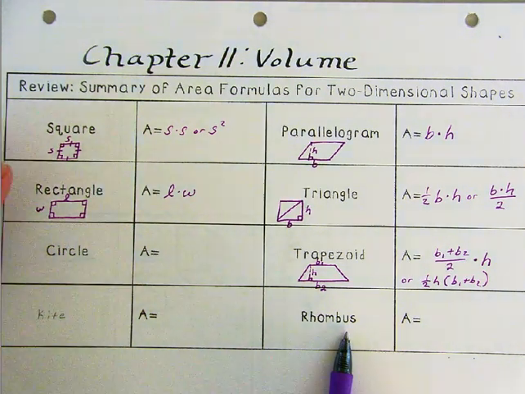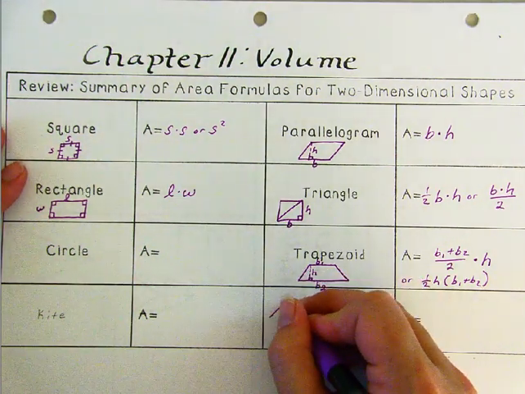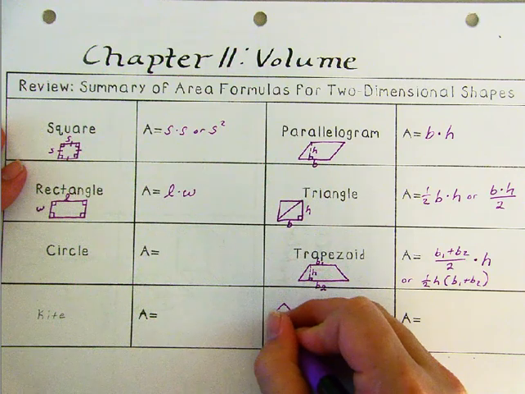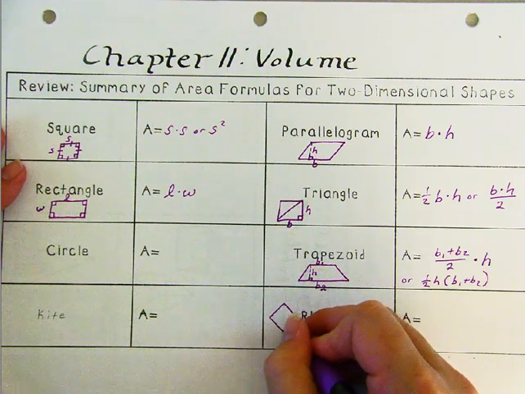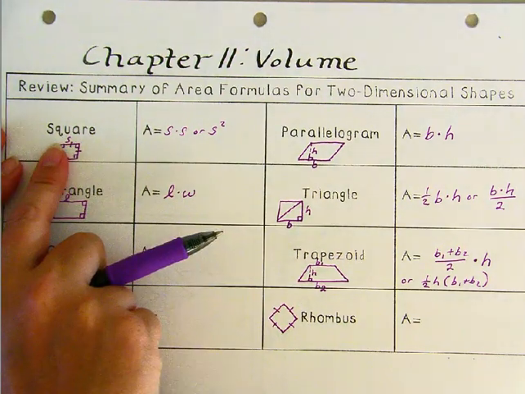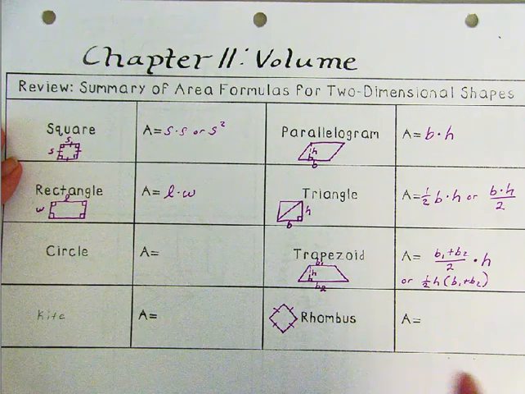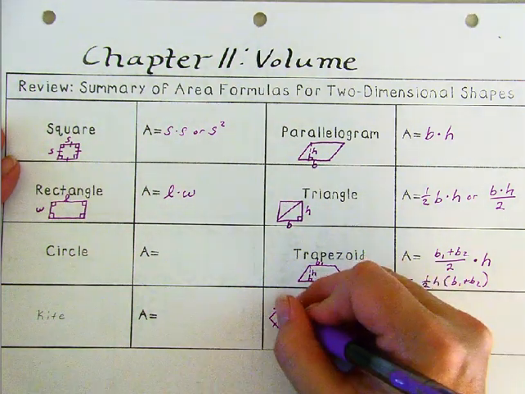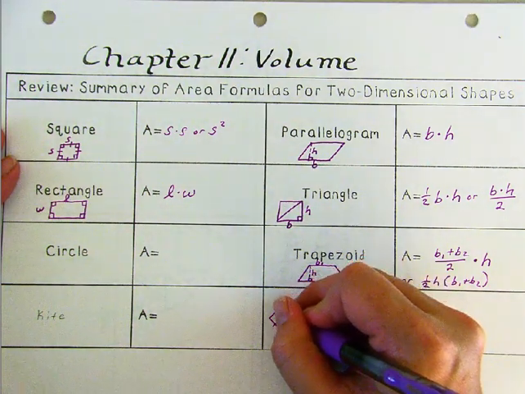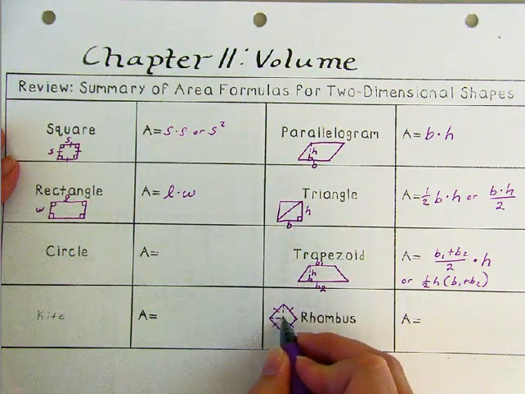Okay, so first thing I want to talk about is our rhombus. So a rhombus is where we have all four sides being congruent, kind of like our square, but we don't have right angles in here. It's smushed a little bit. Okay, so for a rhombus, we're going to be dealing with these pieces here we call diagonals.